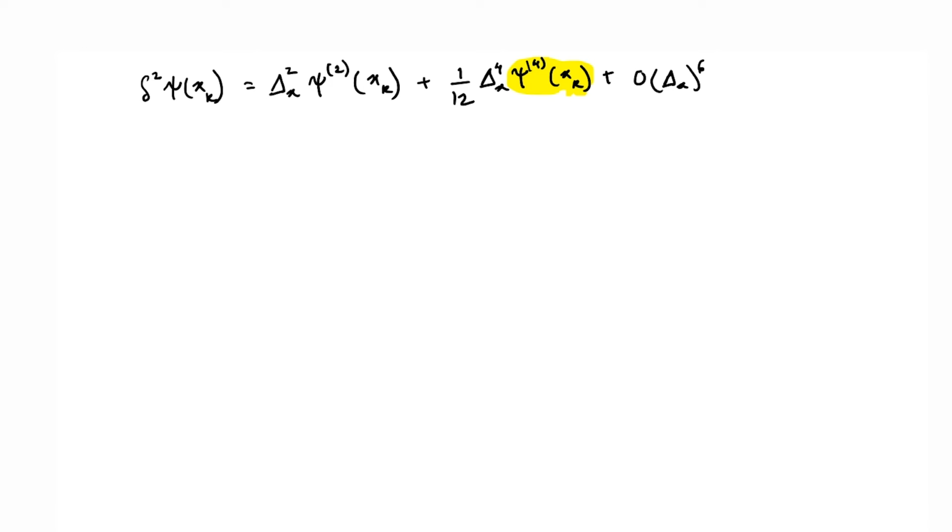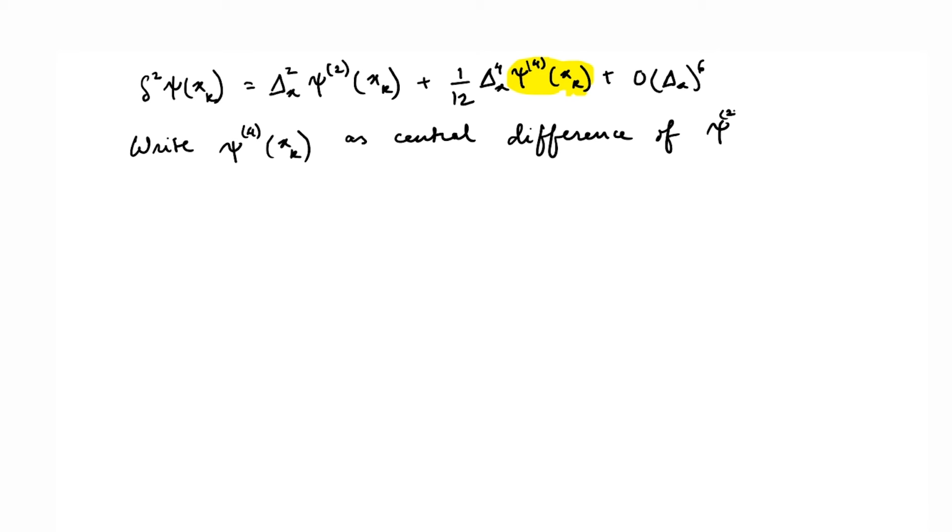We will write this fourth derivative at x k as the central difference of the second derivative at x k. Okay. So, how do we do that? We do it in the following way; again we use the help of Taylor expansion.